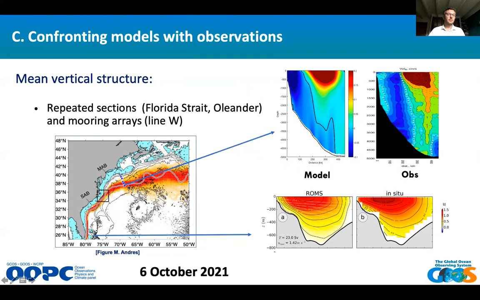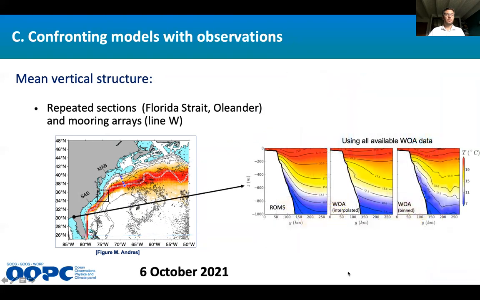There are moving lines like line W, and these are typical examples of what you can compare between the model here and observations. But unfortunately, there is not a lot of data between these lines in terms of repeated sections to get the mean structure of the current, despite the strong changes happening in the structure and variability of the Gulf Stream between these two sections.